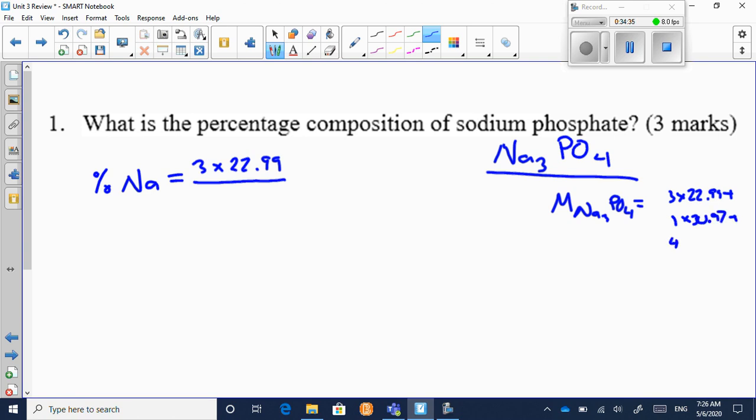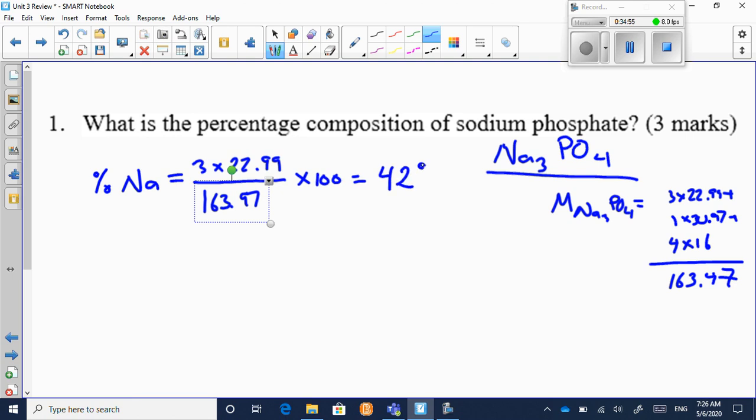And then 4 times 16. That's for the oxygen. And when I add all that up, I get 163.97. So I'll come over here and I'll go 163.97. And then I'll multiply it by 100 to get the percent. And when I do that, I get approximately 42%.